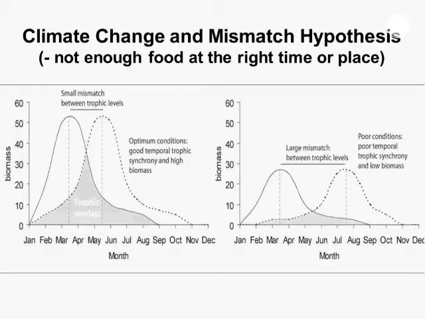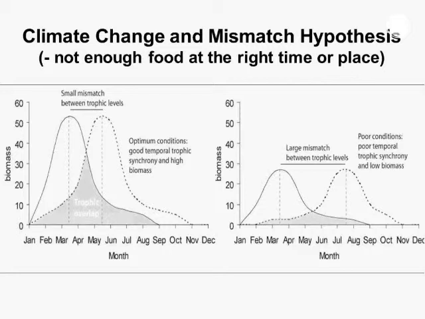The surprises that we're seeing are related, we think, to more mismatching in the trophic interactions, the feeding interactions in the ecosystem. And this is an idea that was put forth a long time ago, that fish do better when their timing of their reproduction is oriented with the timing of their prey.